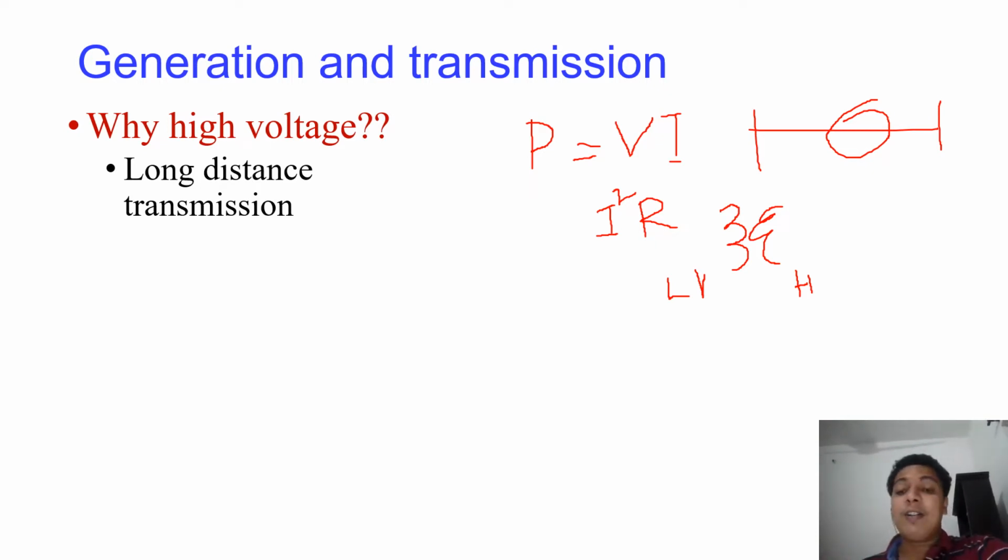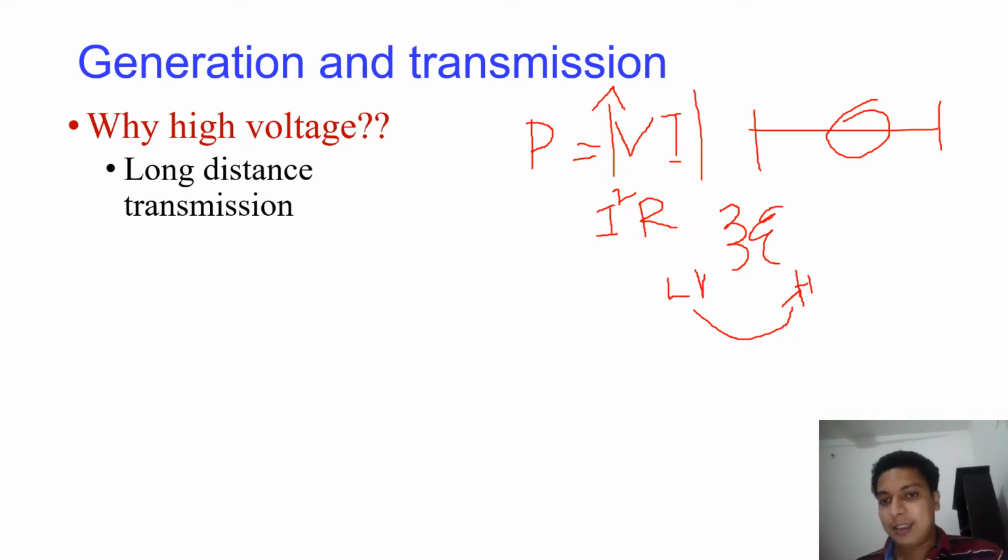So when you convert from low voltage to high voltage, your voltage becomes higher, and at the same time the current will become lesser, but you get the same power, right? So in order to get the same power, you can increase the voltage so that the current will decrease. When you have a lower current value, your transmission losses will be lesser.